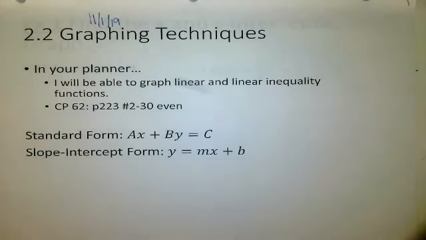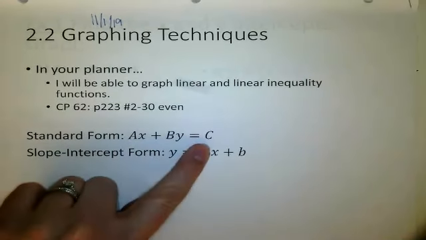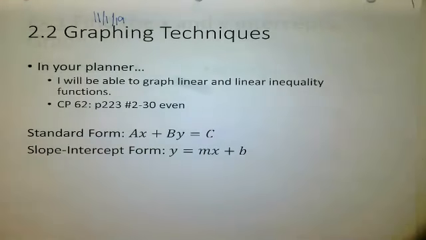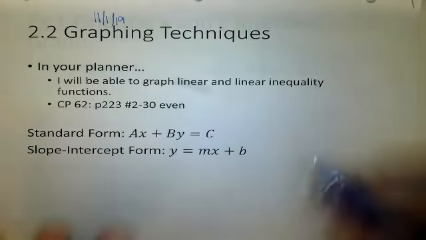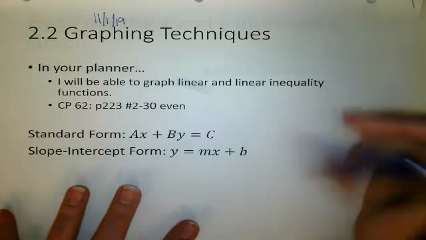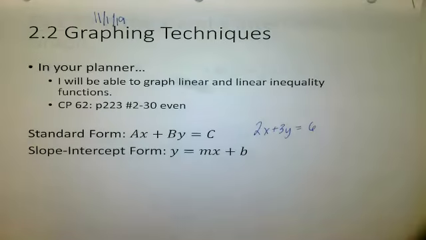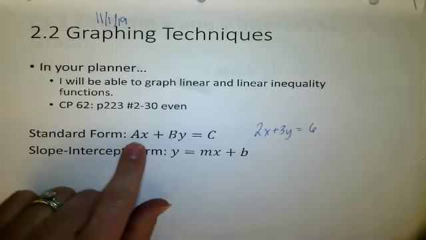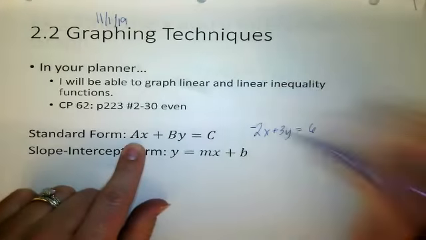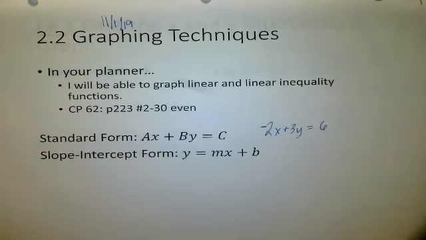All right, so we have a standard form of a linear equation. The A and the B and the C just represent numbers, okay? And so an example might be like 2x plus 3y equals 6, okay? So an example in standard form. There are some other restrictions that most books have, like they don't want the A to be negative. So if you had it like this, it was a -2, they would say that's not standard form.